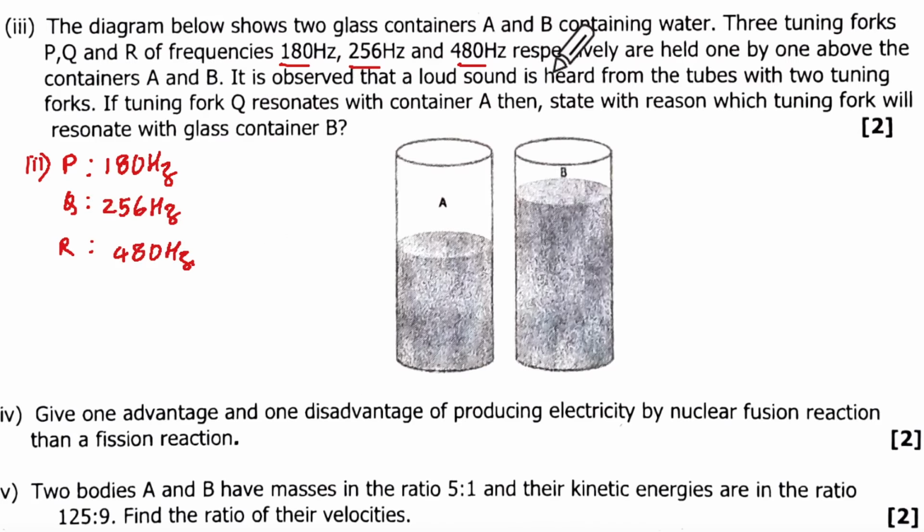It is observed that a loud sound is heard with the tubes with two tuning forks. If tuning fork Q resonates with the container A, state with reason which tuning fork will resonate in glass container B.